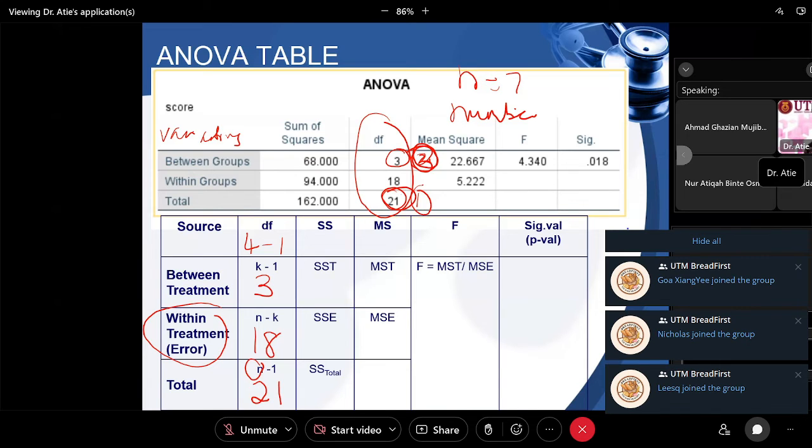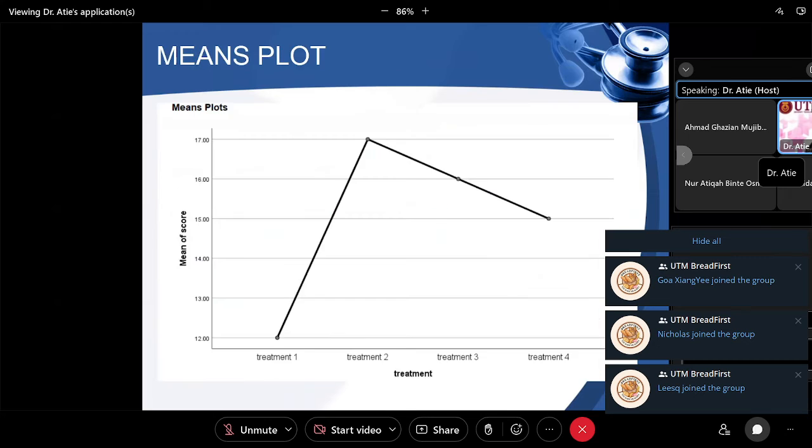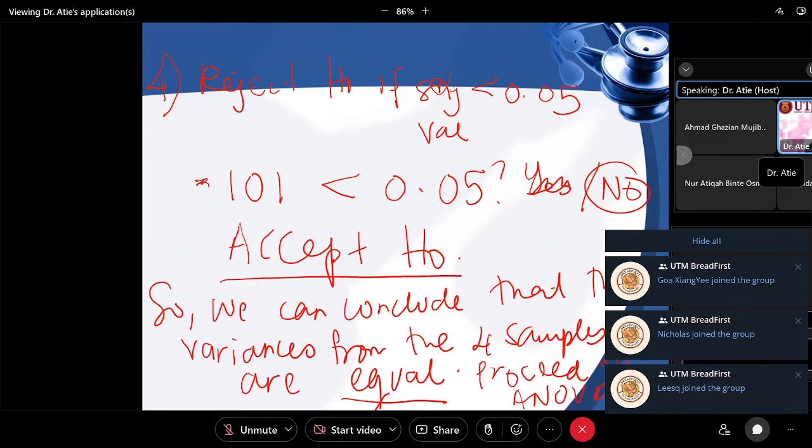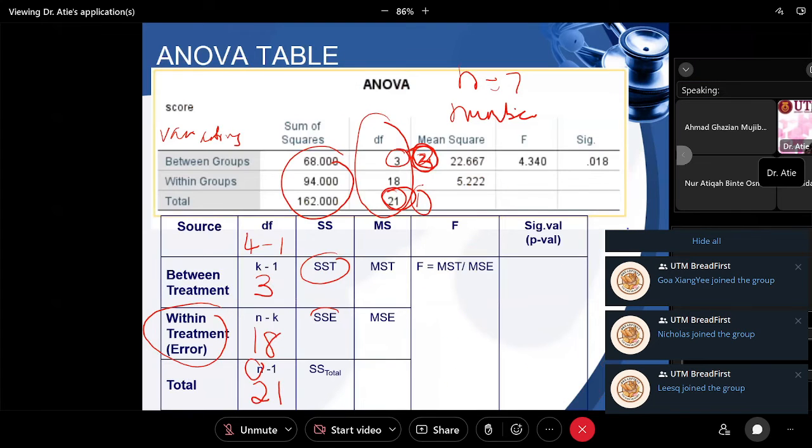Next one is sum of squares. You get all these numbers using the formula. You can see the formula in our book on page 114. SS total, SST, is actually the easiest.